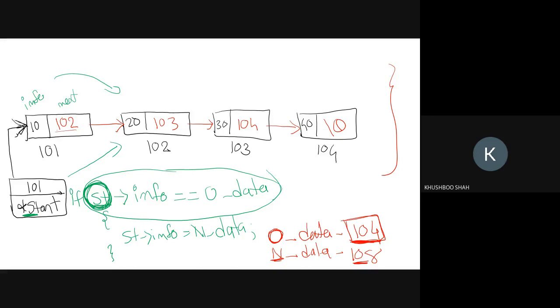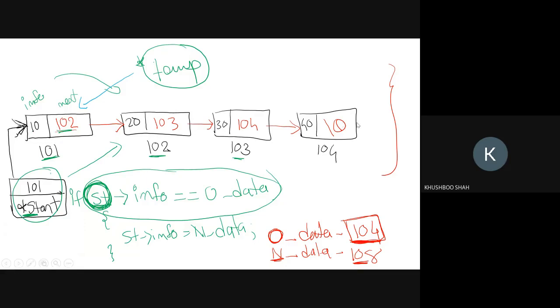So here I need one temporary pointer which can contain the address of the current node. At the very beginning, you need to assign the address of the start to the temp. So this temp will point to this, and then you will check the temp.